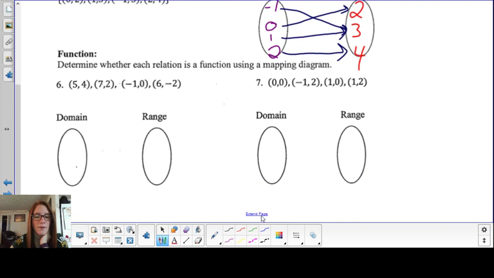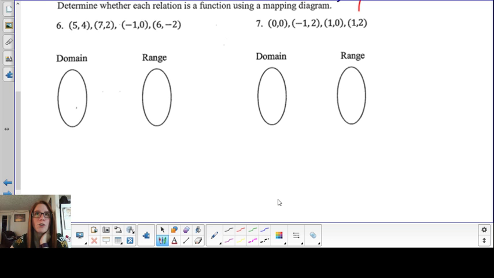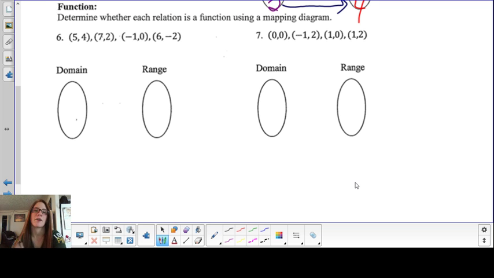So in this next part, we're going to first go ahead and create a mapping diagram. And again, we're going to talk about what we'd want not to repeat. So we're going to start again, x and y's. So what's my smallest x value? I've got 5 and 7 and negative 1 and 6. So negative 1 wins.